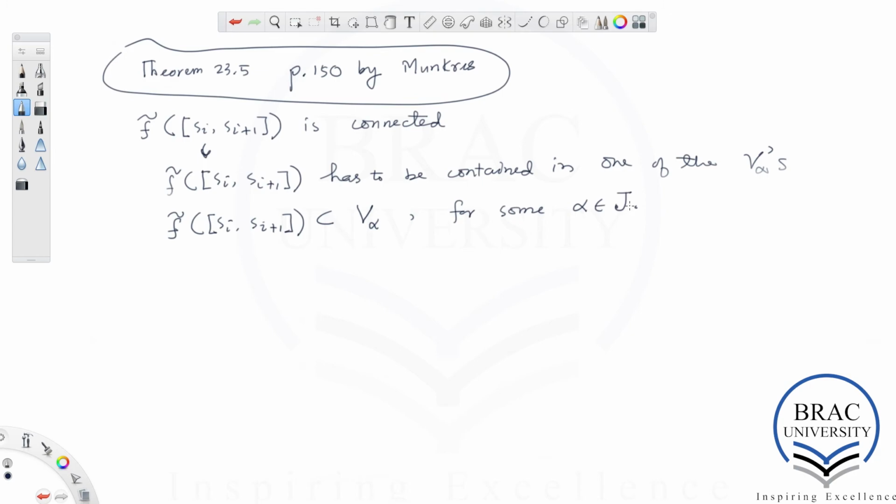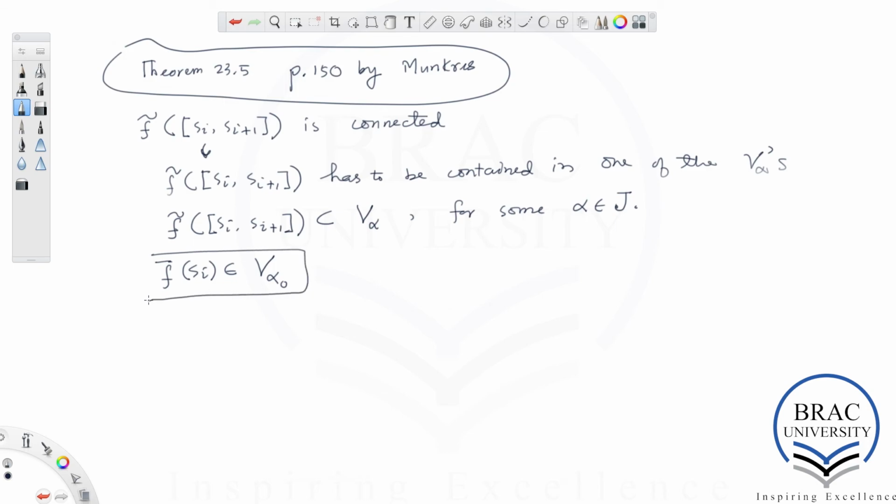Now recall from the discussion following equation number 2, when we were constructing this lift F bar, we chose F bar of s_i to be in the slice V sub alpha 0.